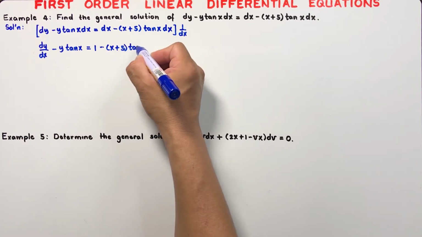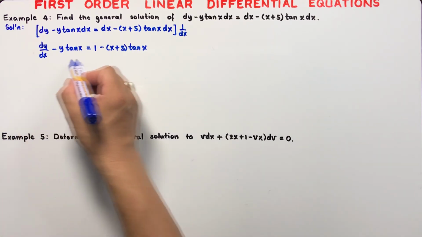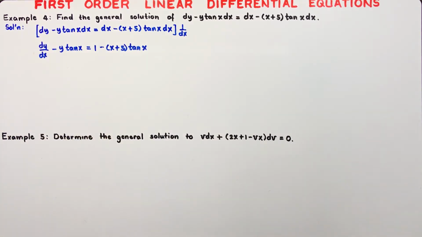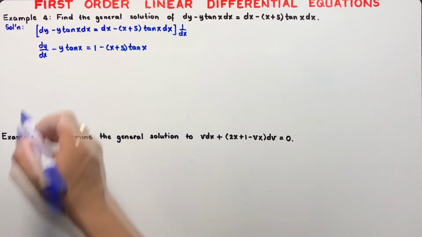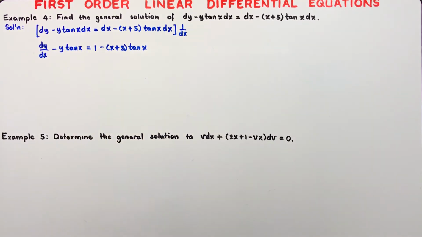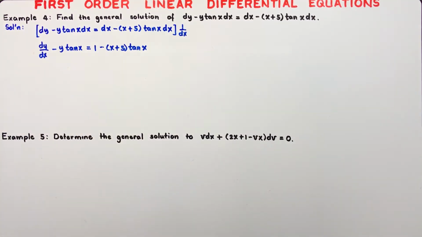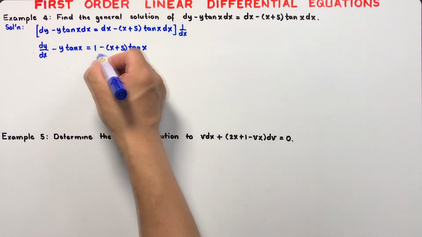And we notice that this is already in a standard form for the first order linear differential equation, because this is the first order of the derivative of y with respect to x. So therefore our y is the dependent variable and our x is our independent variable. So this is linear in y. So therefore all the terms without y will be moved at the right.